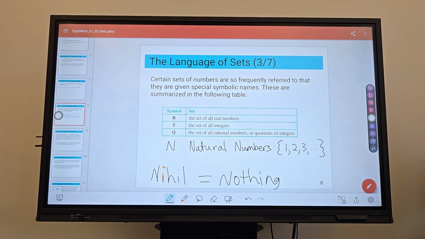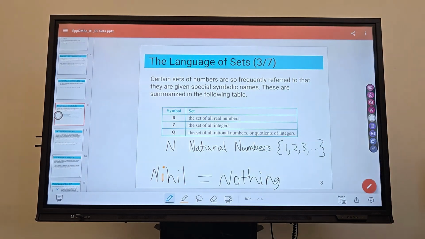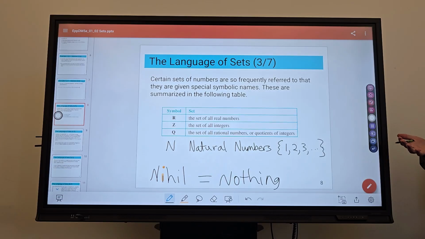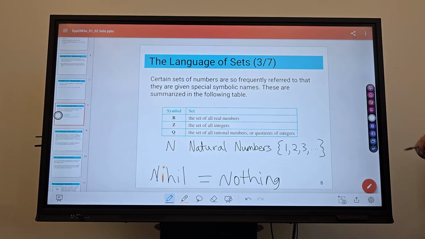It wasn't a number. Nihil is where we get the word annihilate, that sort of thing. But nihil was the word for 0. It just meant nothing. There's nothing there. There's no counting anything. But anyway, a little side tangent about numerical history.